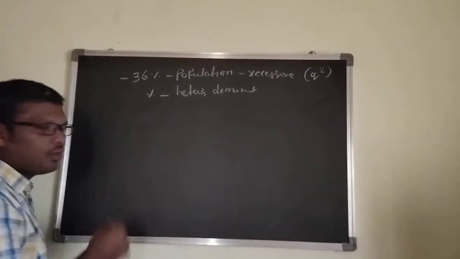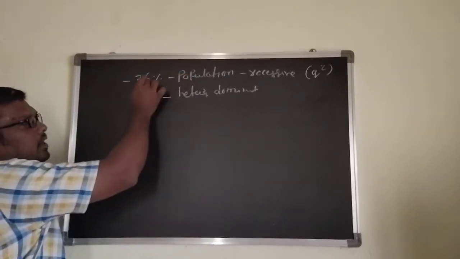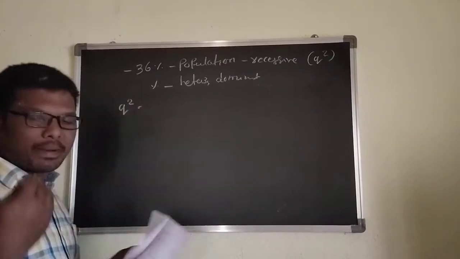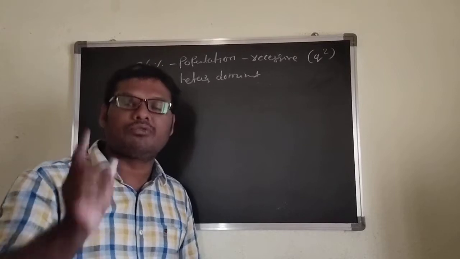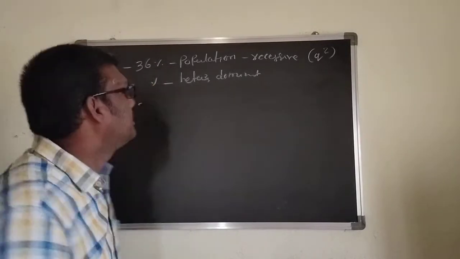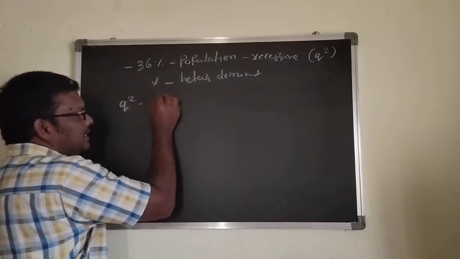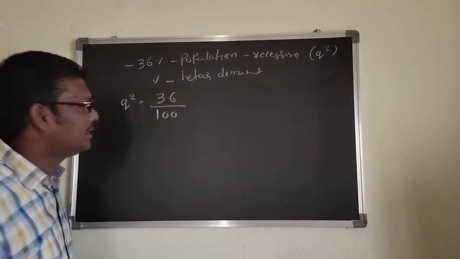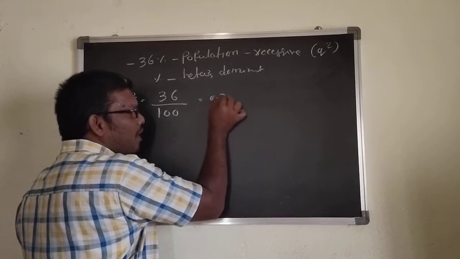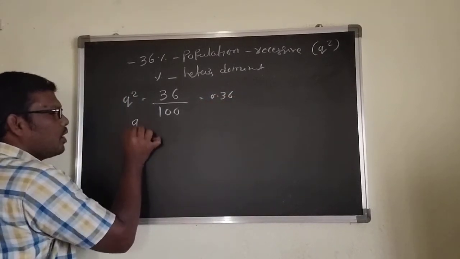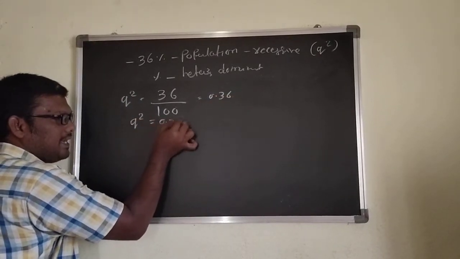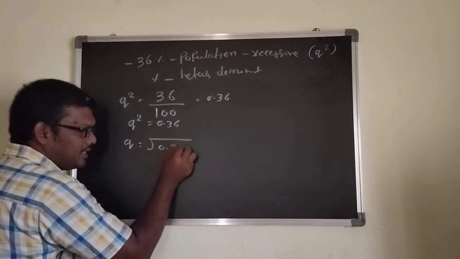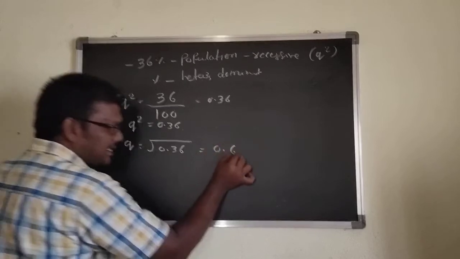First, I want to calculate according to the percentage. Here, if they gave percentage or individuals, first you calculate the frequency. 36% means 36 by 100, so you get 0.36. q square equals 0.36, q equals root of 0.36, you get 0.6.